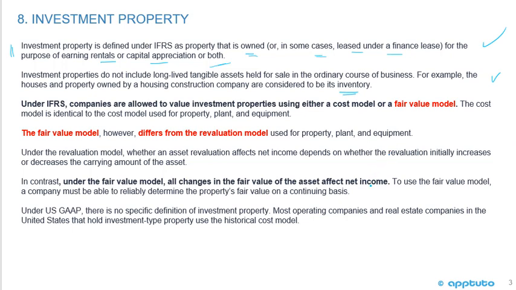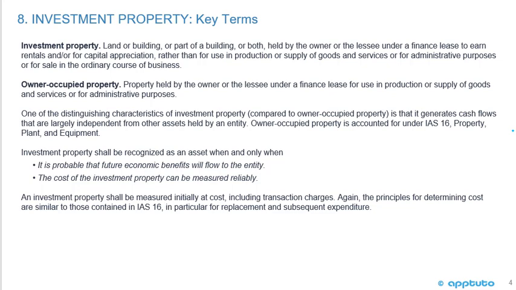To use the fair value model, a company must be able to reliably determine the property's fair value on a continuing basis. Under US GAAP, there is no specific definition of investment property. Most operating companies and real estate companies in the United States that hold investment type property use the historical cost method. Investment property, we're just going to cover some key terms now.